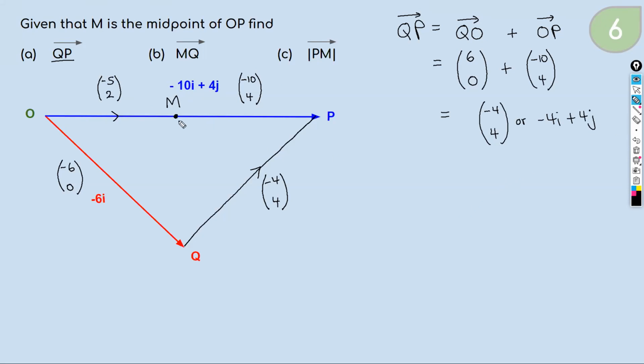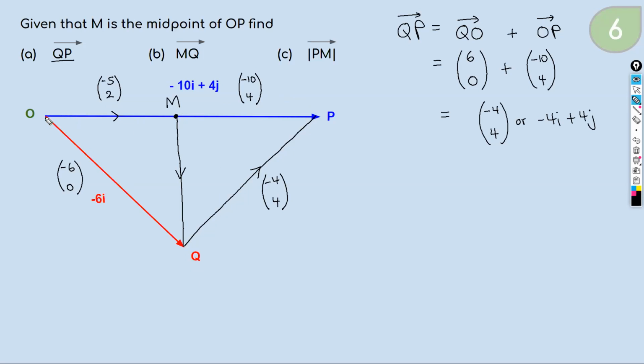Great. So M to Q, right? We have to draw in what we want to find here. M to Q. There are 2 ways we can go from M to Q. M to O, and then O to Q, or M to P, and then P to Q. It really doesn't matter.